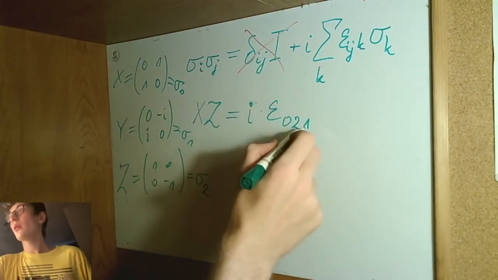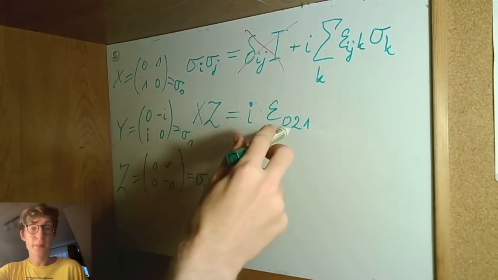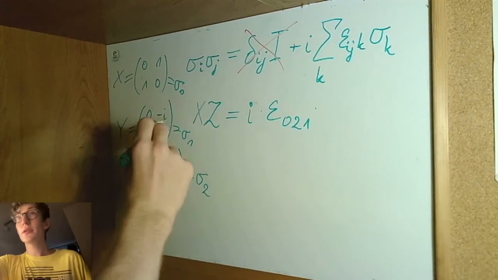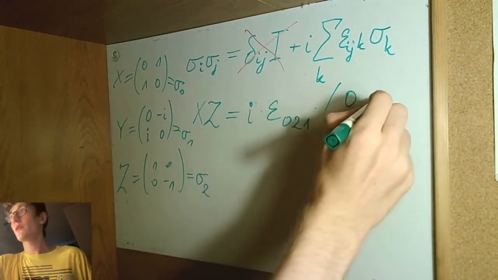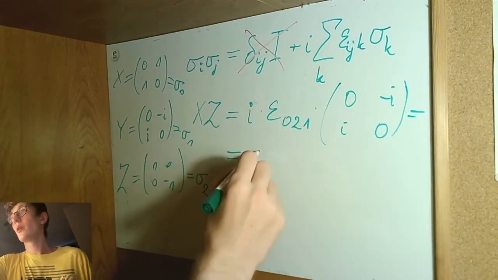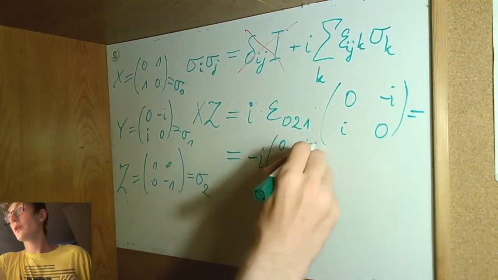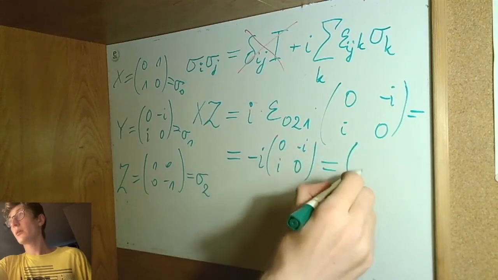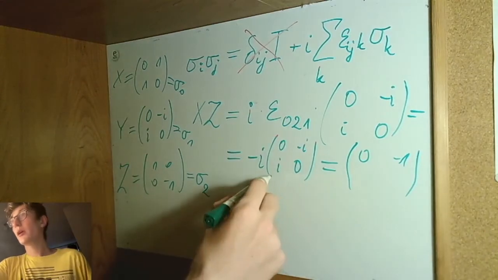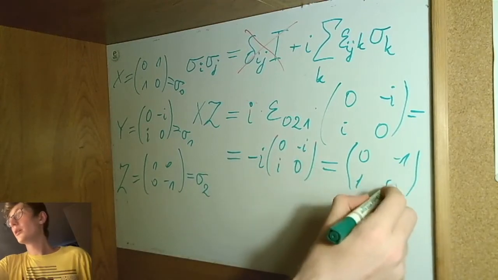And this is actually in anticlockwise order, so it will be -1, times sigma 1, so it's Y: 0, -i, i, 0. So it is, here we have -1, because i times i is -1, and here it is plus 1, because we get this minus sign as well, and it is 0.